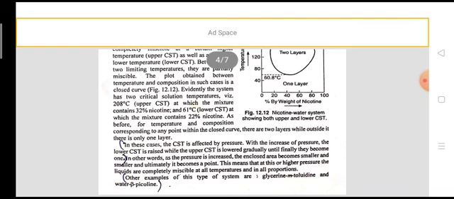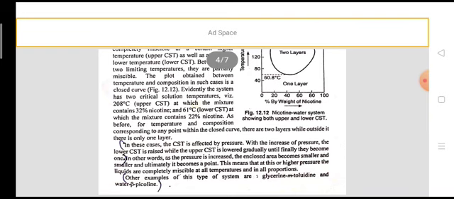If the pressure increases, the lower CST is raised while the upper CST is lowered gradually until finally they become smaller and smaller. Ultimately, it becomes a point. This means that at this higher pressure, the liquids are completely miscible at all temperatures and in all proportions.